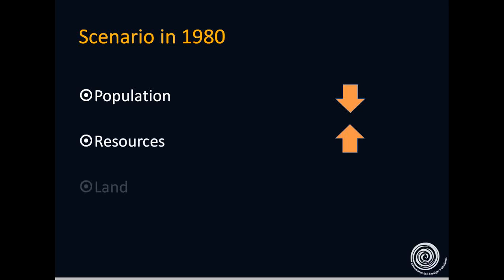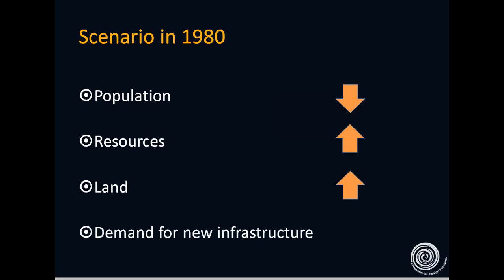There was sufficient land available, that is huge site areas were there, and the demand for infrastructure was less. So in 1980 population was less, there was a sufficient amount of resources available, there was land available, and the demand for new infrastructure was less.